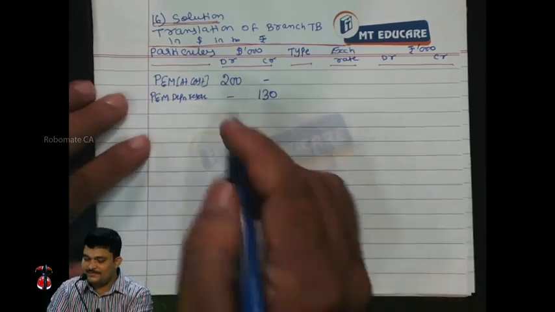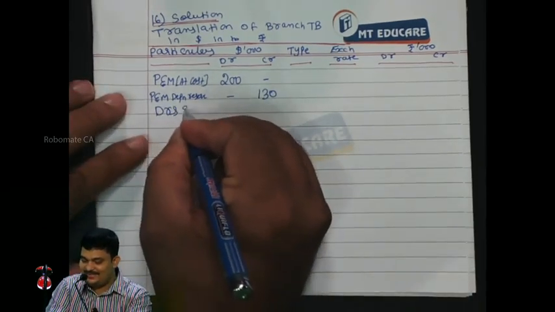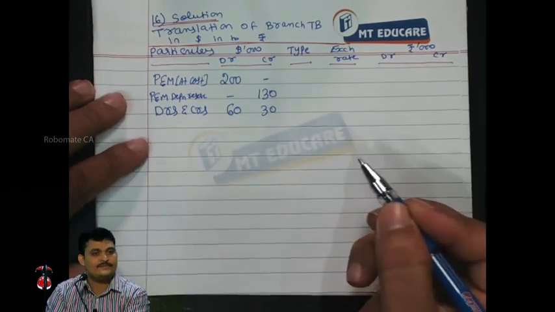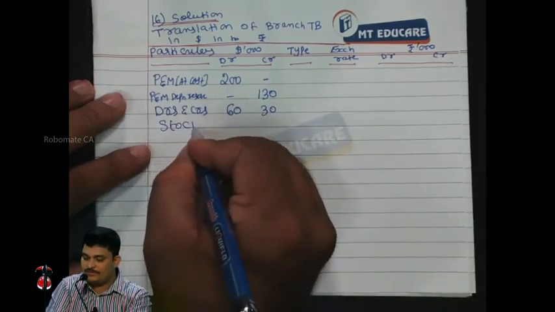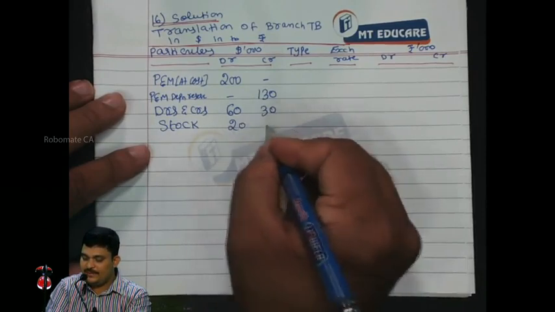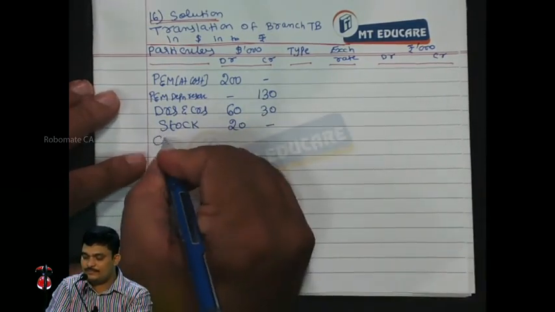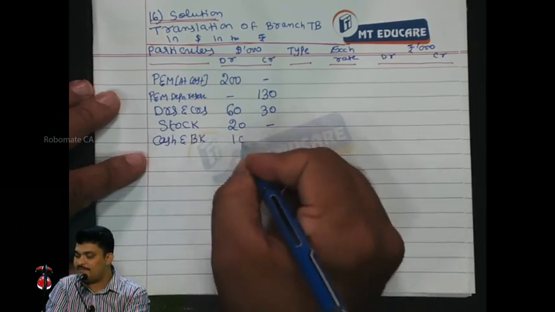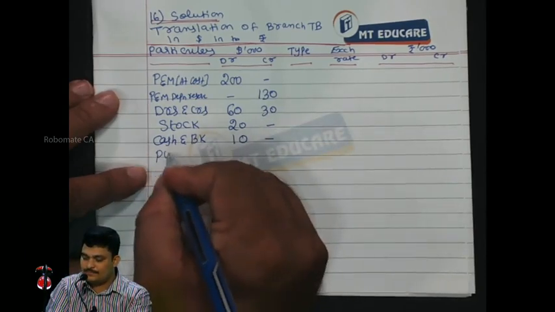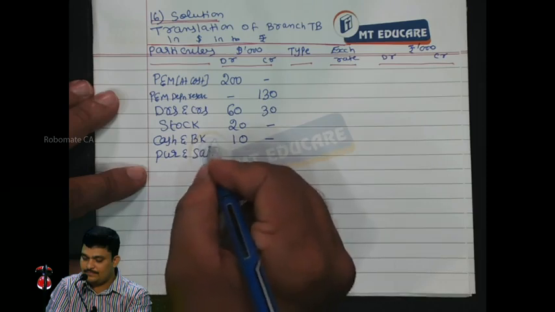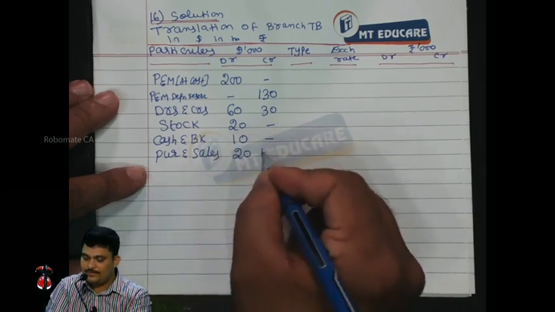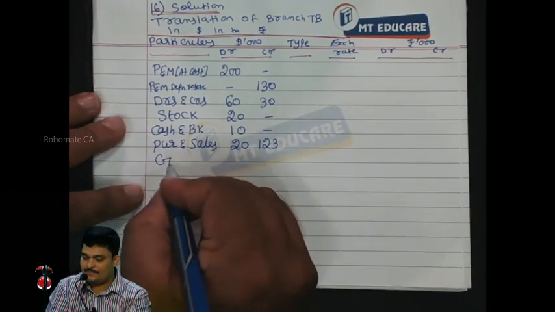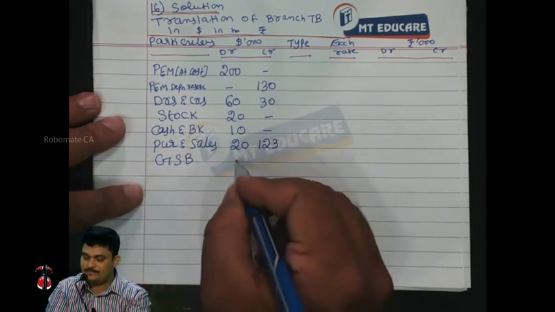So we have next debtors and creditors, 60. Next, stock, 20. Then 10, 120, 5.